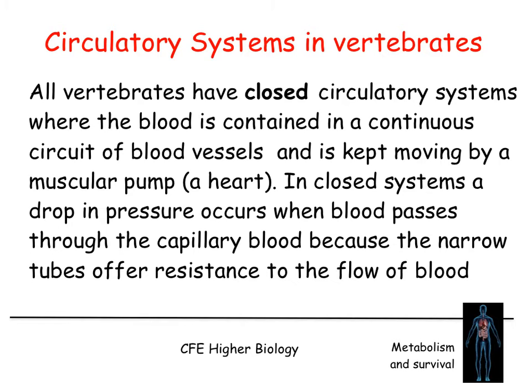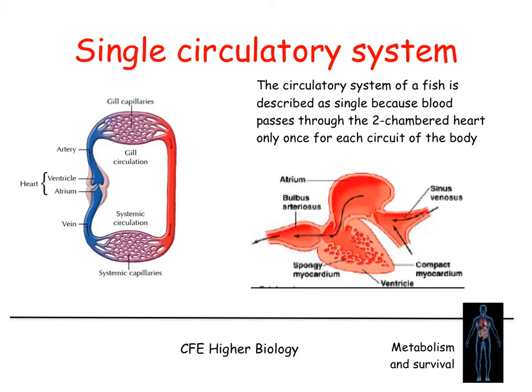Okay, we're going to have a look at different circulatory systems, and the first type we're going to have a look at is what is known as a single circulatory system. And an example of that is found in fish. And it's described as single because the blood just passes through the two-chambered heart and it passes only once round the circuit.